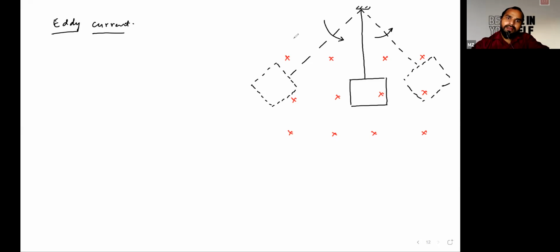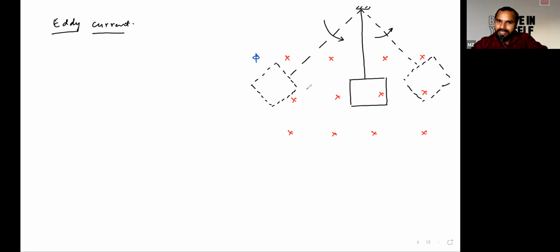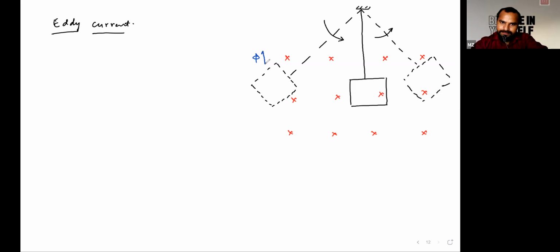So since in this particular case flux is increasing or decreasing, Ahmed? Decreasing. Why would it be decreasing? Because it is entering into the magnetic field. Okay, if it is entering, then it will be increasing.